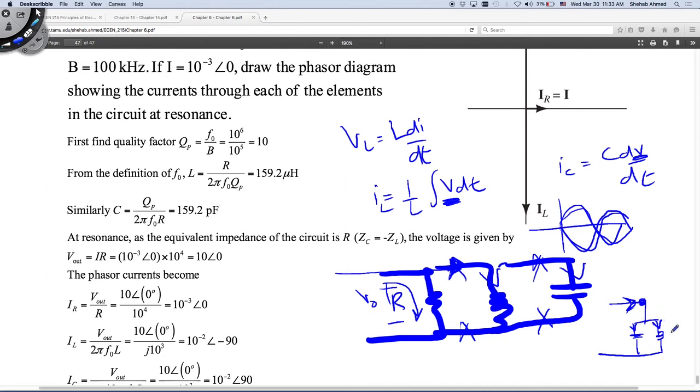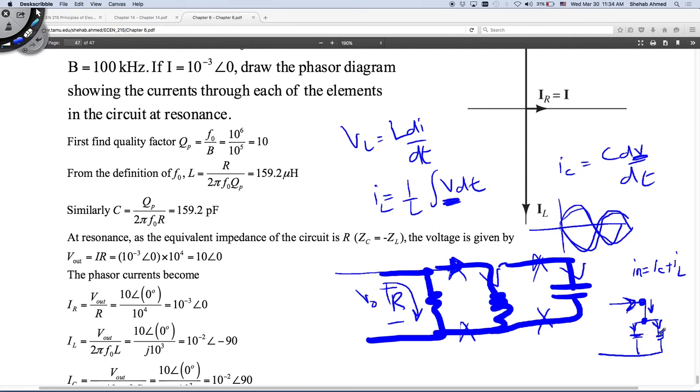They look like this. They are equal and opposite of each other, so the sum of the capacitor current and the inductor current is 0. So what's happening at this node? The input current, I input, is equal to IC plus IL. This is coming into the node, and these are coming out of the node.